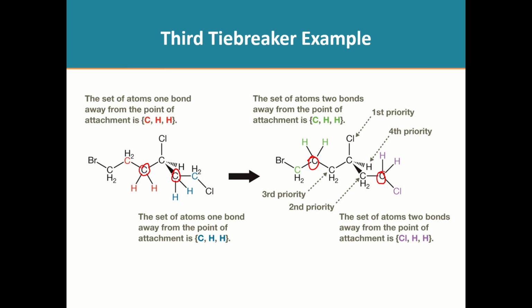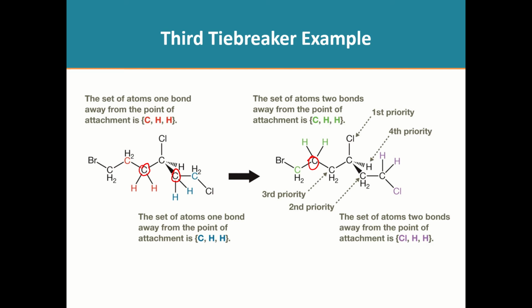You can see that we have 2 hydrogens there and a carbon there, and we prioritize it: carbon, H, H. And then on this carbon right here, we have a chlorine and 2 hydrogens, and we list them in priority.